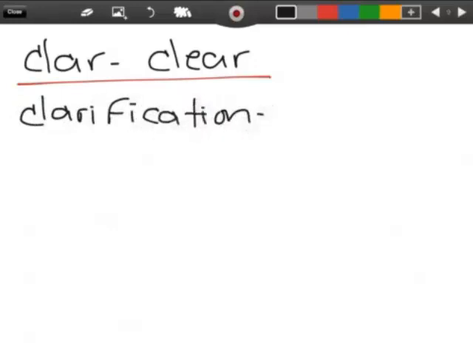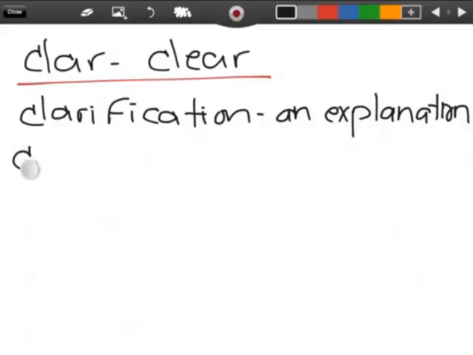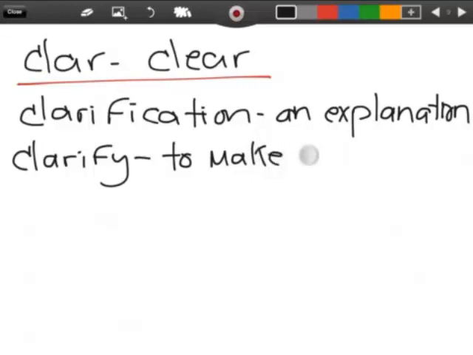And the meaning of this is an explanation, meaning to explain something to someone. Our next word is clarify. Same as clarification, to make something clear, to explain something.